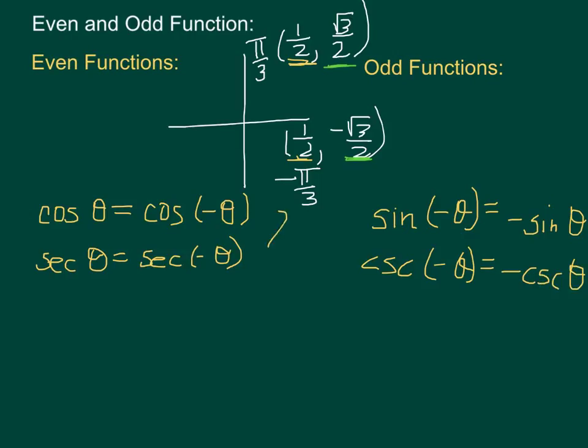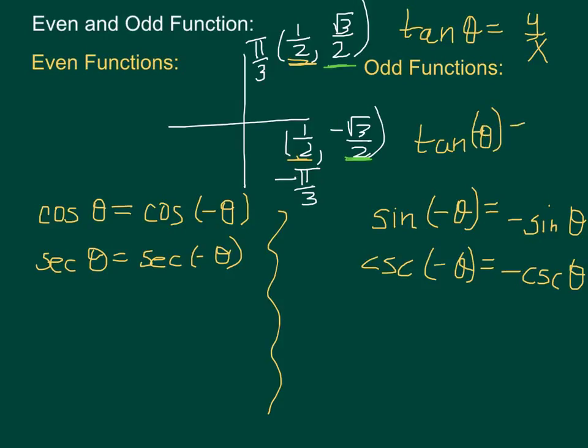Tangent, let me separate these. If you do tangent and you know to find tangent of theta or tangent of pi over 3, you would have to divide the y over the x. In the first quadrant, it is positive, but when you do tangent of negative theta, it becomes negative.